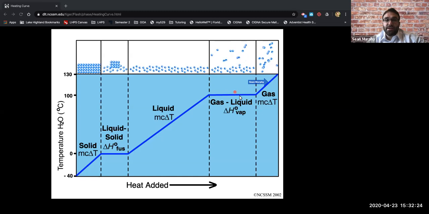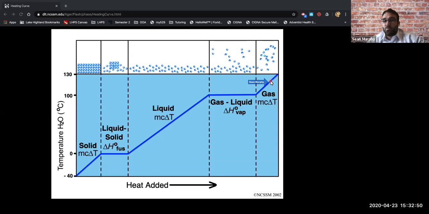It's approximately a 40-to-6 ratio. If you're going from right to left, you would be condensing, so heat would be released as it goes from the gas to the liquid phase. And lastly, once we are at 100 degrees or higher, that is when you are in the gas phase.